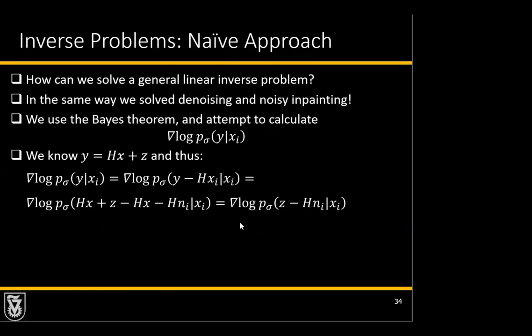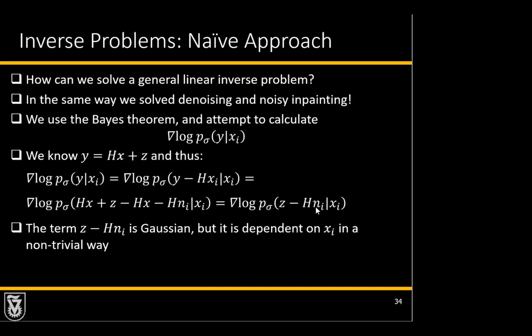Now, this vector is interesting because Z is noise in the measurement. It's the noise in Y, right? It is Gaussian. Ni is the synthetic noise, right? And multiplying Gaussian noise by a linear operator remains Gaussian. So if I assume Z and Ni to be independent, then what I have here is a Gaussian vector. That's very nice. A Gaussian vector, I know its properties, I know its probability density function, I can derive its score function.